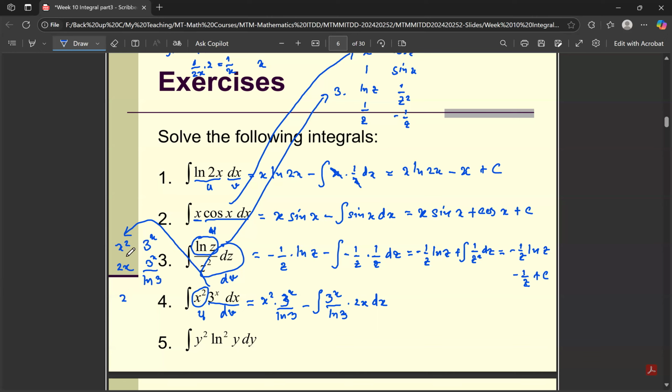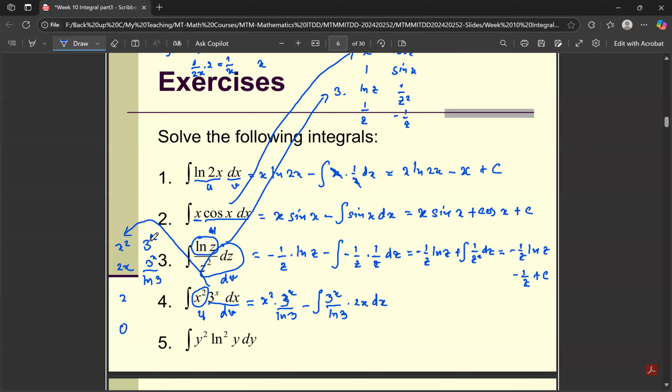And then again we continue the derivative of the first column until we find 0. This is the requirement here. The derivative of x squared is 2x, the derivative of 2x is 2, and the derivative of 2 is 0. So this technique can be applied.